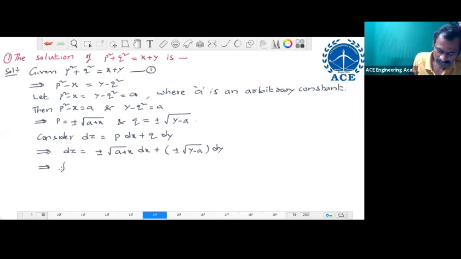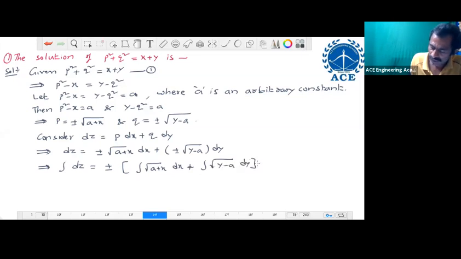Integrate. Integral of dz equal to, since plus or minus is common, integral of under root of a plus x dx plus integral of under root of y minus a dy plus an integral constant b.